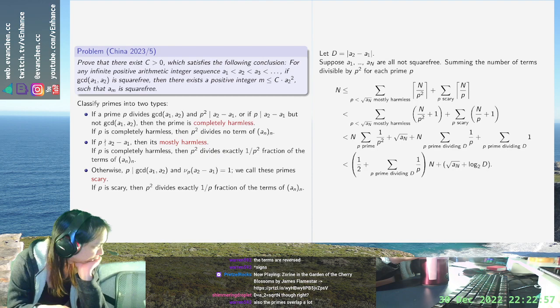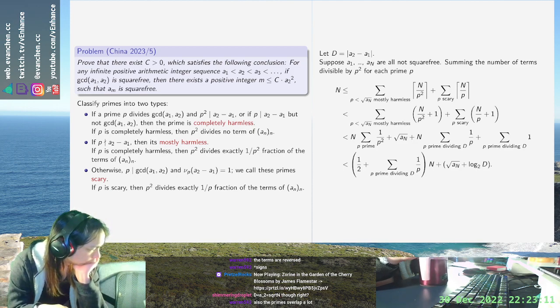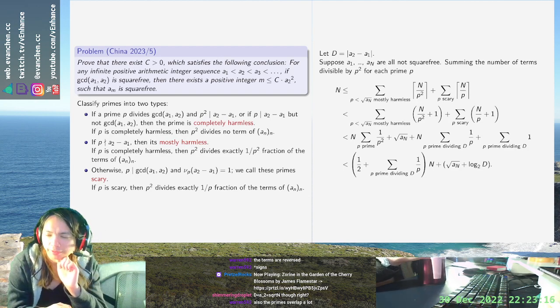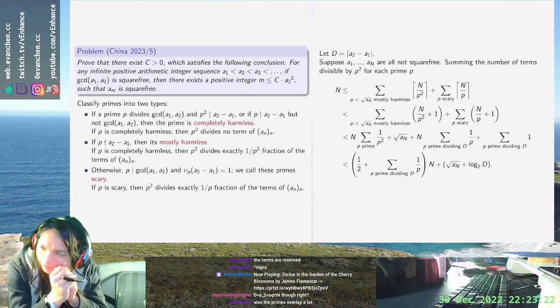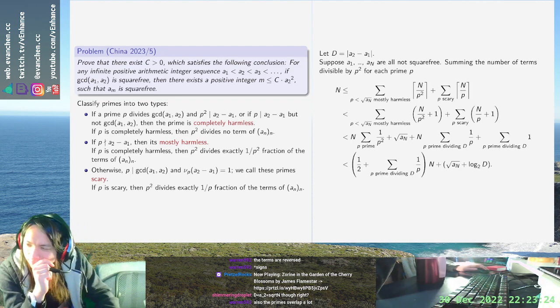Why is capital D less than a_2? Okay, no, capital D is less than a_2, I agree. Because a_2 is like... Why is a_2 less than root N? Oh, you're saying the bound it asks us to prove is actually really generous. I see.